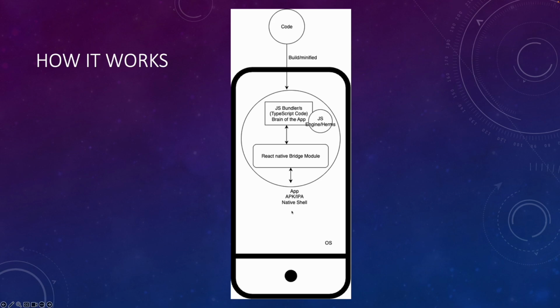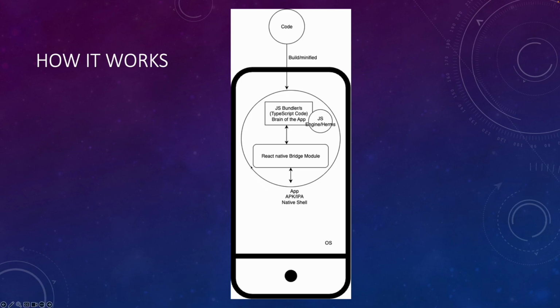And vice versa, when the operating system gets the instruction, it passes back to the JS bundle. This particular communication, earlier, happened in an asynchronous way, but right now with the latest architecture of React Native, they have improved it a lot. They have improved it to synchronous communication.